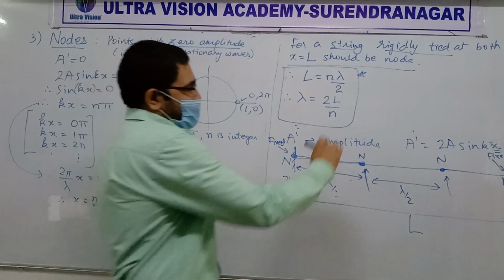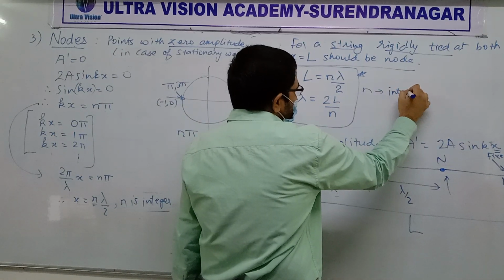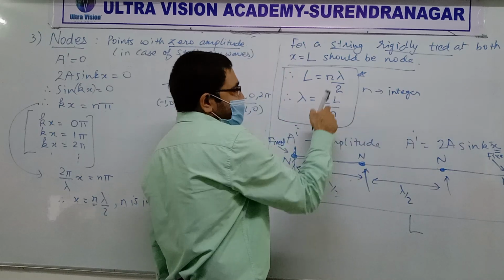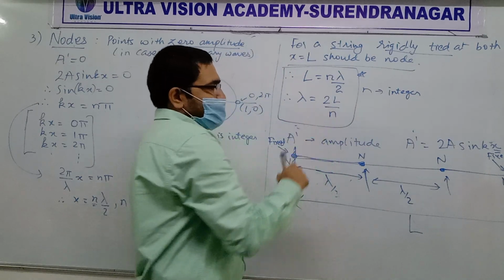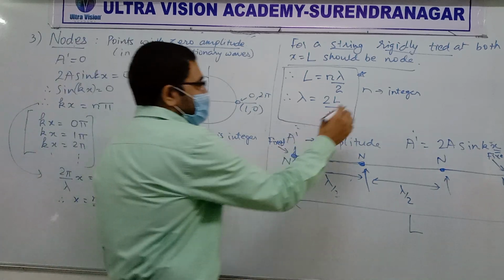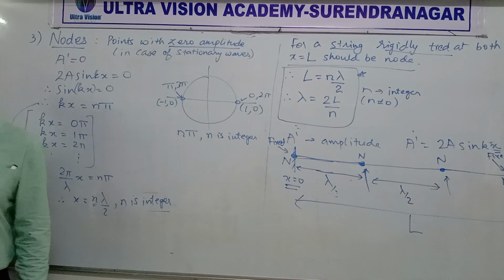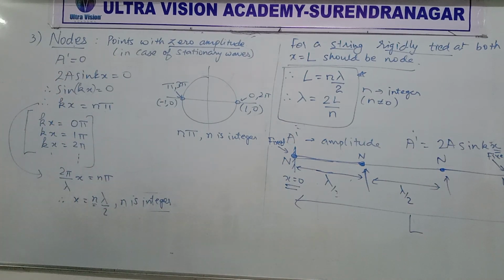Where n is some integer. Of course not 0, because you cannot divide by 0. Understood?